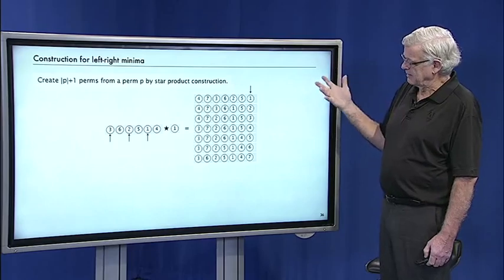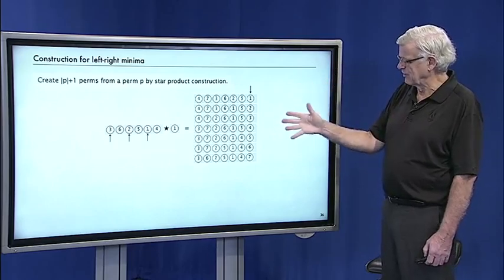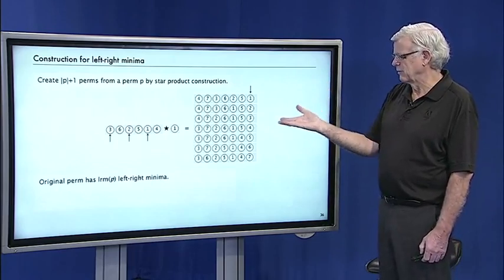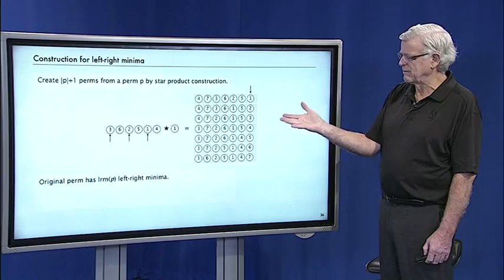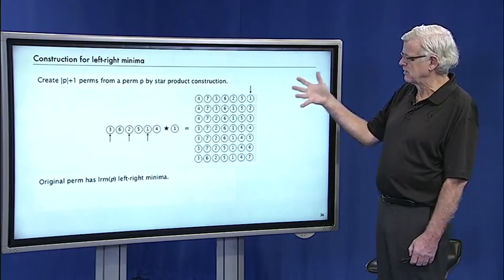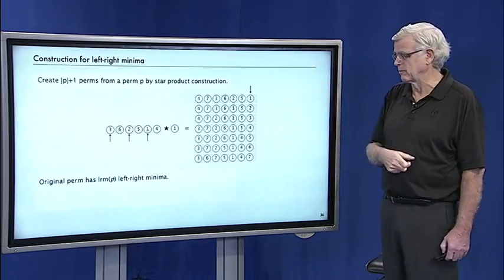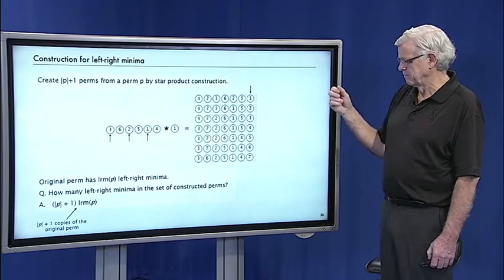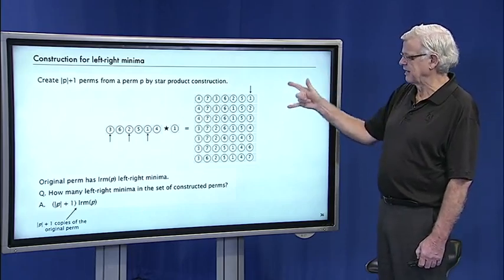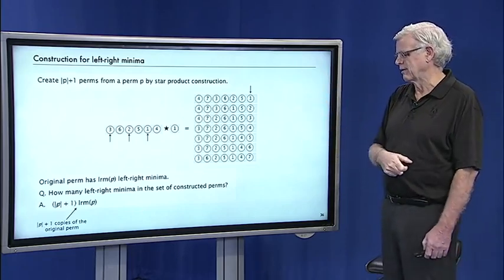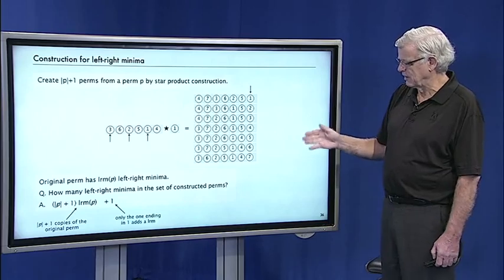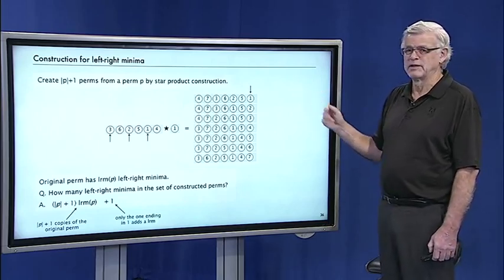So that construction and that observation tells us, if we know the number of left to right minima in the original permutation, we know the number in all the permutations that we constructed. There's p plus 1 of them, and every one of them has the same number of left to right minima as p did. So those copies, and then there's one extra one, the one that ends in 1.